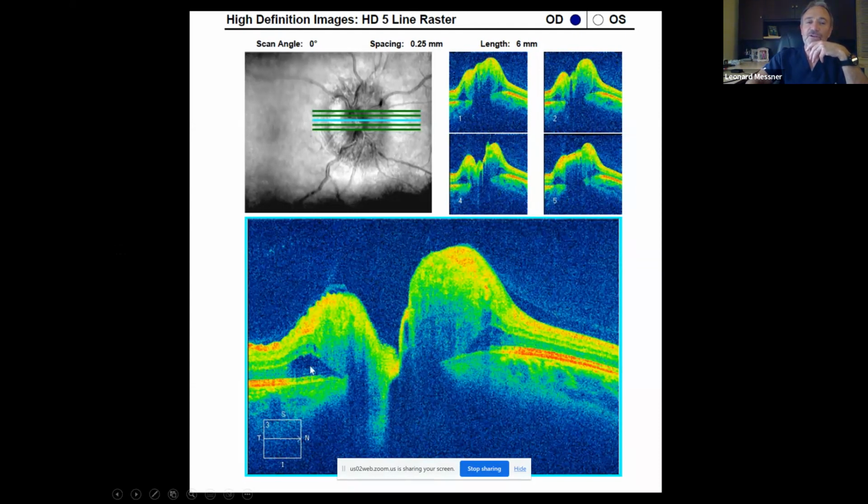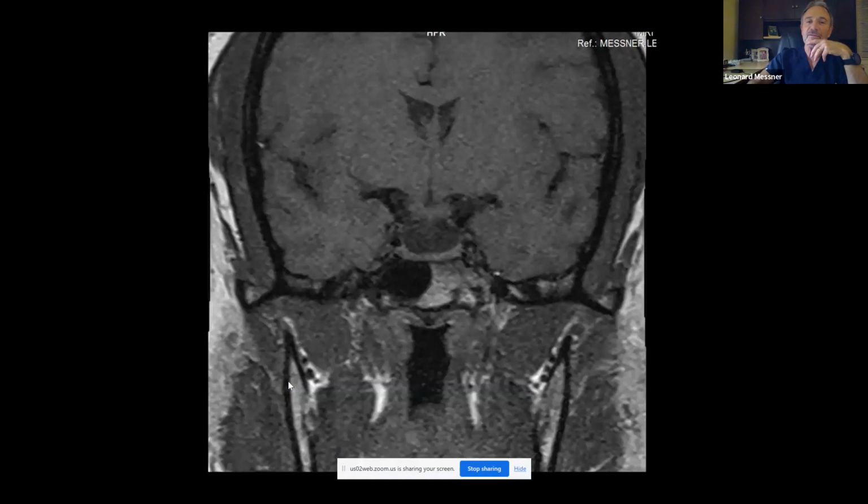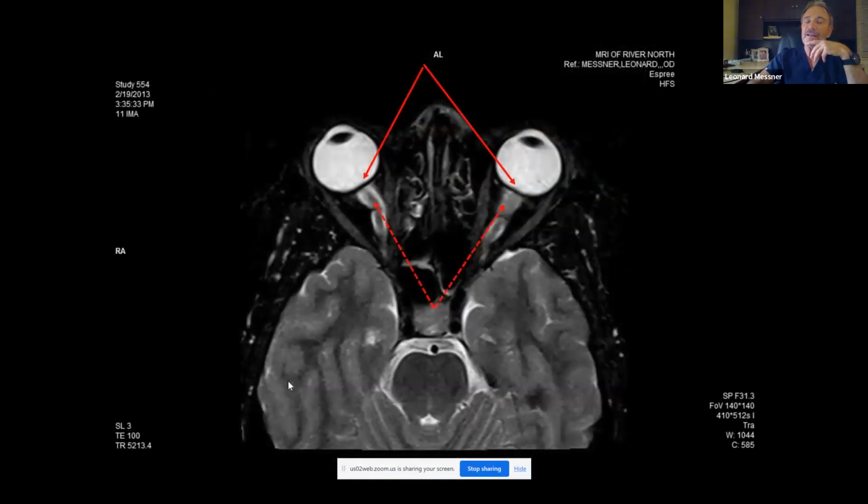We see that there is fluid accumulating within the subarachnoid space in the peripapillary region. But what I really want you to focus in on is look at how the RPE Bruch's complex is going inward here on the nasal side, as well as a little bit here on the temporal side. So that is literally the equivalent of this flattening of the posterior eye wall that you can see on this axial cut through the globes.